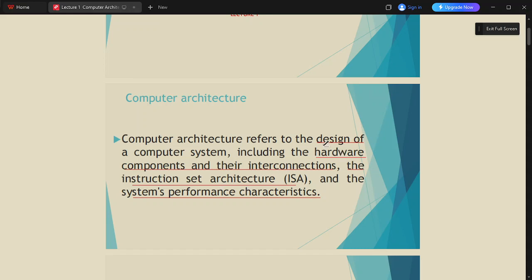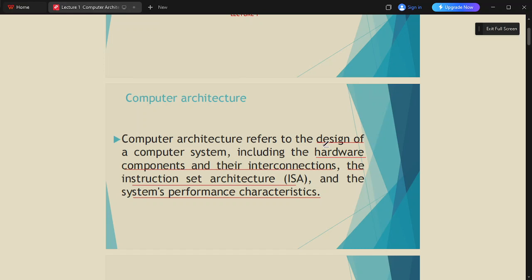So if you look at the hardware design, this is simply how components like the CPU, the memory, the output and input devices are arranged, and how they interact together to form one computer system.